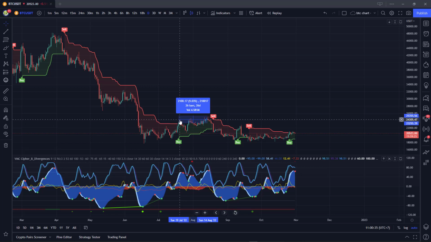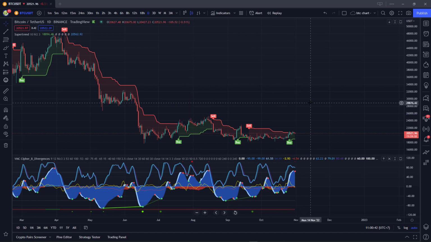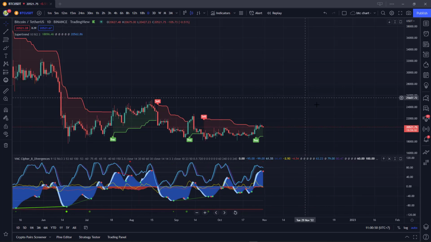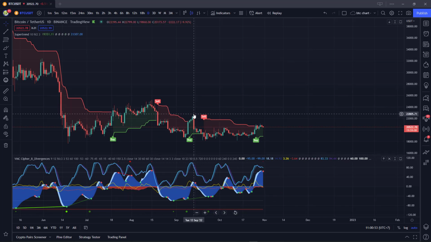It's just an anomaly where it's gone boom down again. So yeah, as you can see, different time frames, different results. What kind of risk factors are you able to deal with.